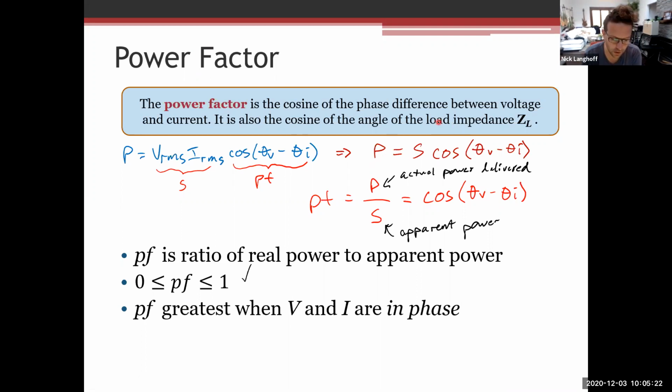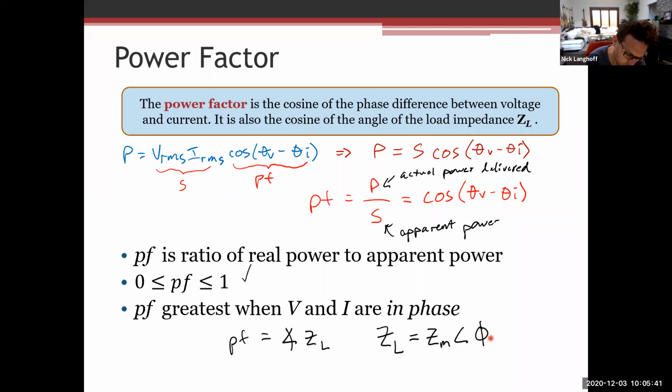So the power factor is also equal to the phase angle of ZL. If you have ZL equal to, say, Z max times phi of ZL or whatever, I'm sorry, the cosine, my bad.